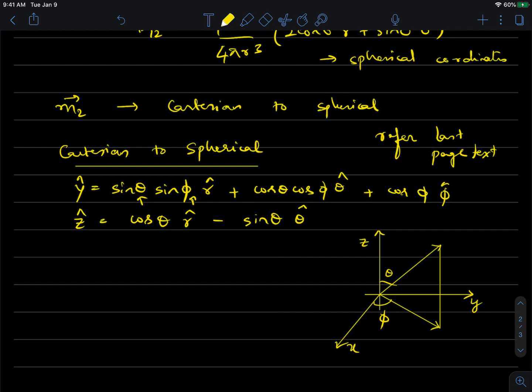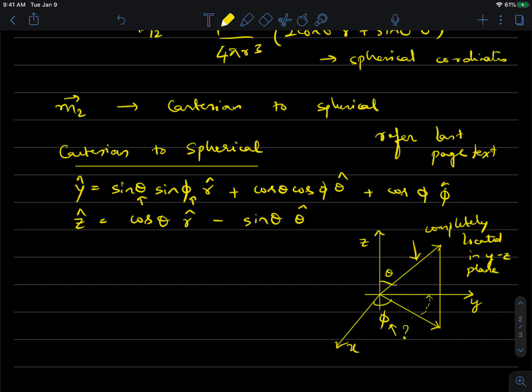In this problem, however, this vector is completely located in the yz plane. So what would its projection on the xy plane look like? Will it be here or will it be on the y-axis? If it's on the y-axis, then what would angle phi be? So that's the hint to find out what phi is.